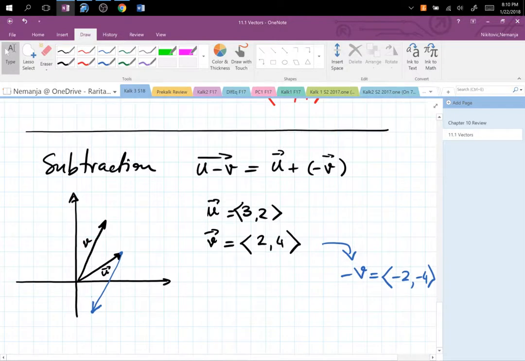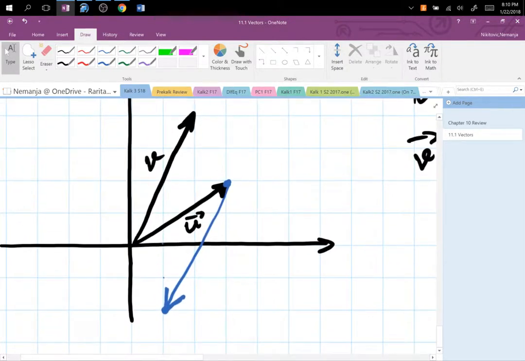What I did is I took vector v and flipped it, so the arrow is now here, and moved it to the tail of vector u.